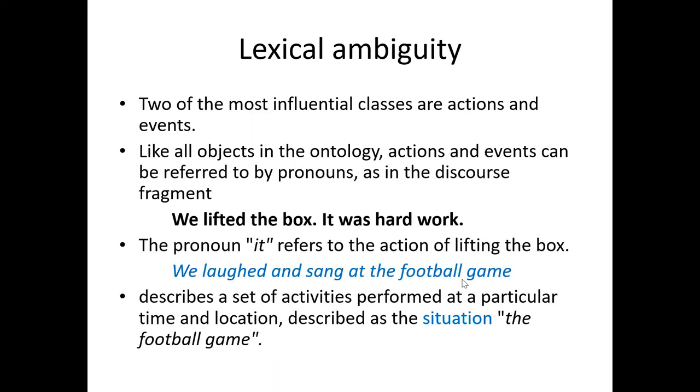This was related to lexical ambiguity. What do you mean by lexical ambiguity? It is how the particular word is used syntactically, that is a lexicon, how you are going to classify that particular word.